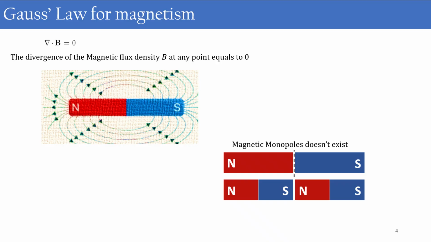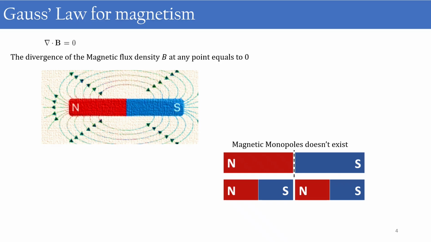Let's see what's the second law. This is Gauss law for magnetism, which shows that del dot B equals 0: the divergence of magnetic flux density B at any point equals 0. This means that in the previous case we have seen that the electric fields are coming from the plus charge and going to the negative charges, and we can separate out plus and minus charge as separate entities.